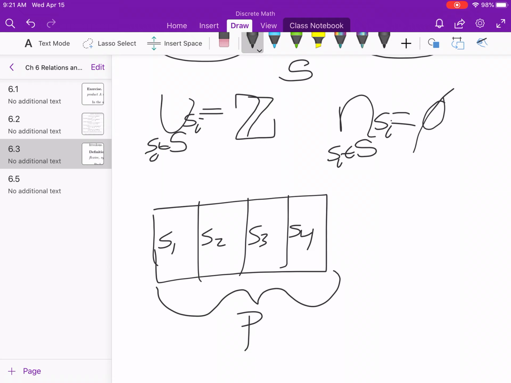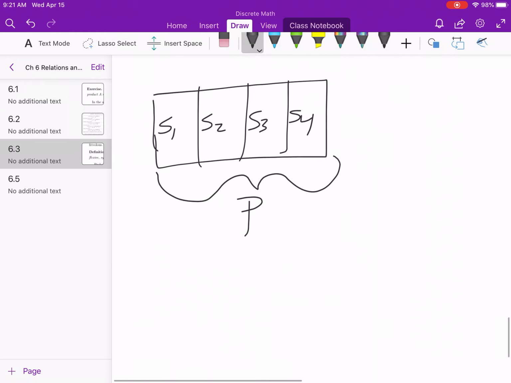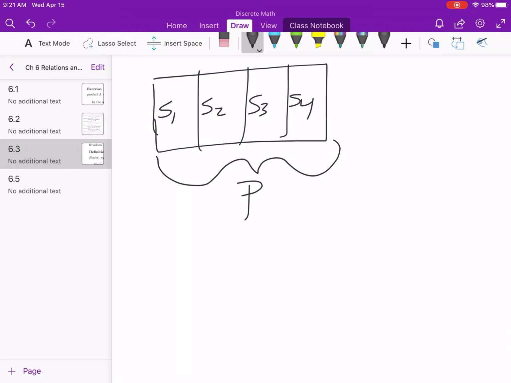Something in S1 is not in S2, and vice versa. Things in S2 are not in S3, not in S4. They form these very strict places.